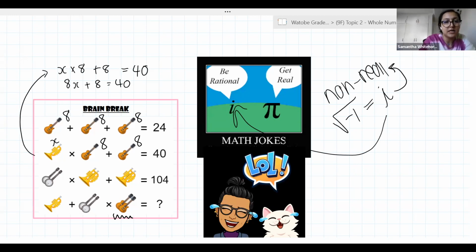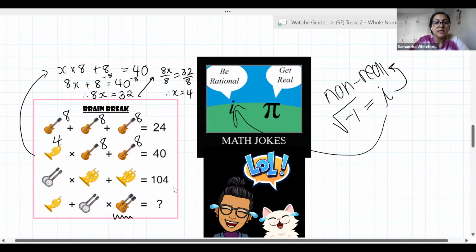If I subtract 8 on both sides, I'm going to have 8x is equal to 32. And then to solve for x, so to solve for my trumpet, I would divide both sides by 8. And we know that 32 divided by 8 is 4. And so now we know that our trumpet here has a value of 4.